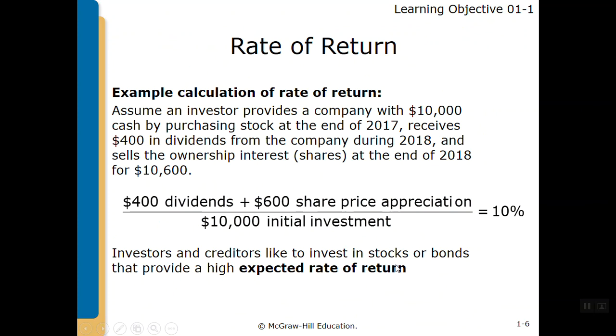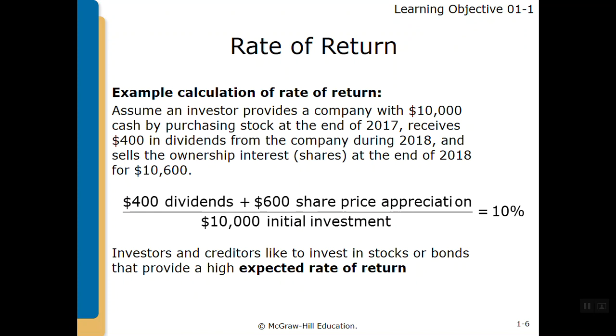And this is just a calculation on the rate of return. So basically you're looking at the money that an investor gets back from their investment. In this case, we've got an investor that's receiving $400 in dividends, and the $600 share price appreciation is just the increase in the value of the shares that they own.